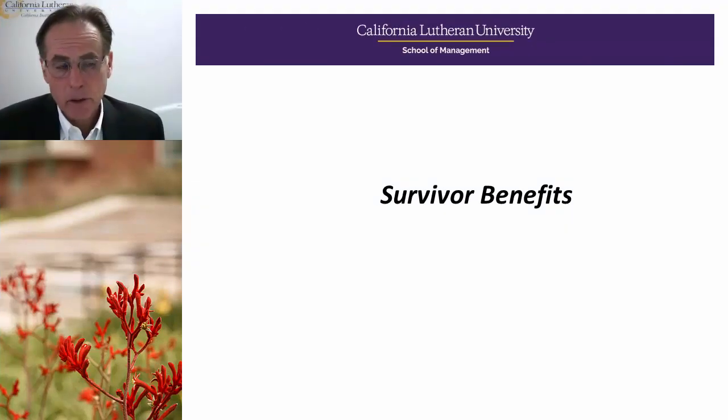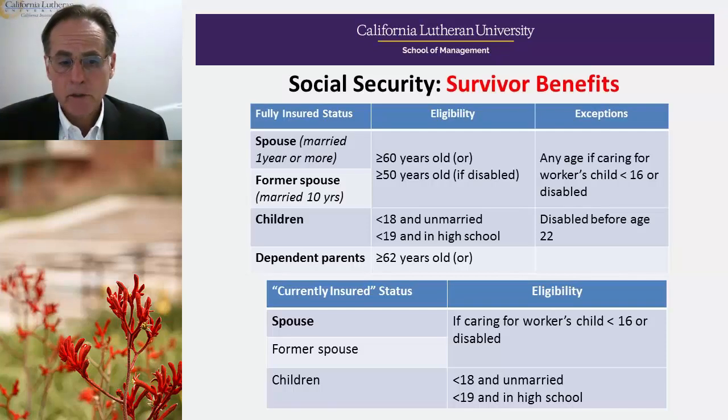Survivor benefits. So the fully insured worker passes away and they have family. The tables on this slide summarize the benefits available to the fully insured worker. And you can see there would be benefits for the spouse, the former spouse, the dependent children, and disabled children, and also dependent parents 62 years or older, right?